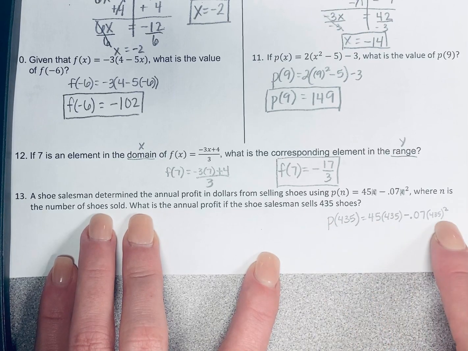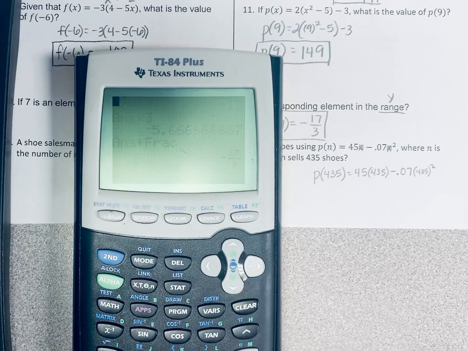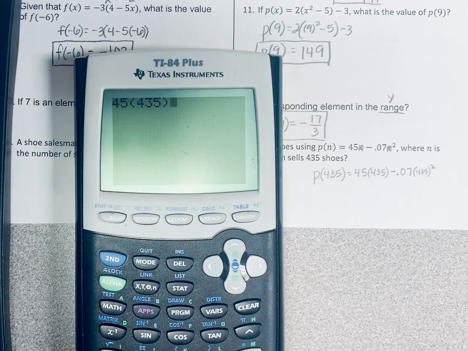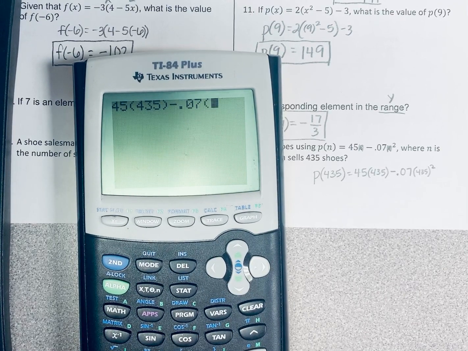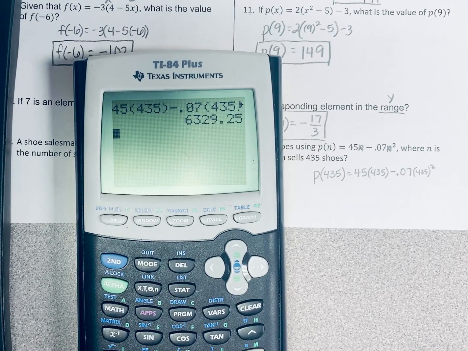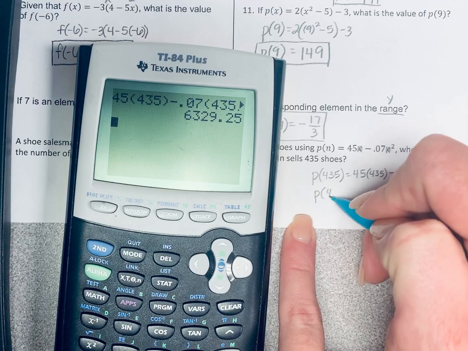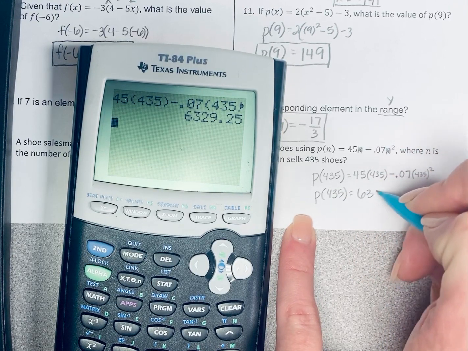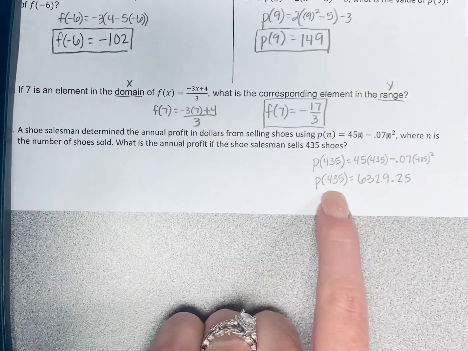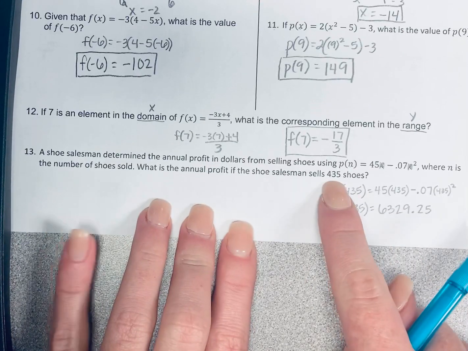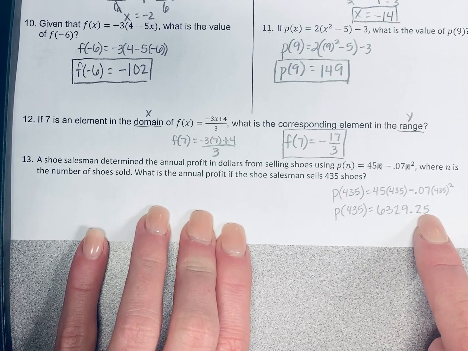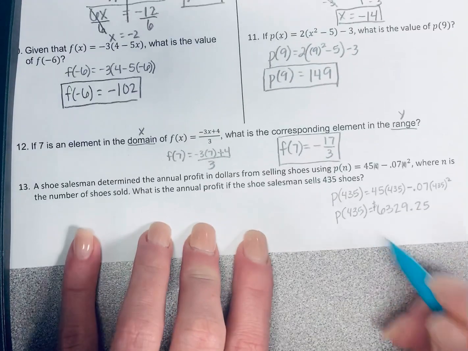So now I'm gonna type this in just like I see it: 45, parentheses, 435, minus 0.07, parentheses, 435, close my parentheses, and squared. So 6,329.25. Okay. So whenever the salesman sells 435 shoes, his annual profit is this much, $6,329.25. Okay, so that would be my answer.